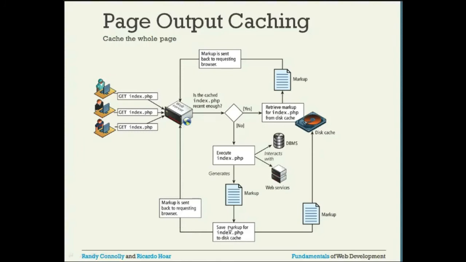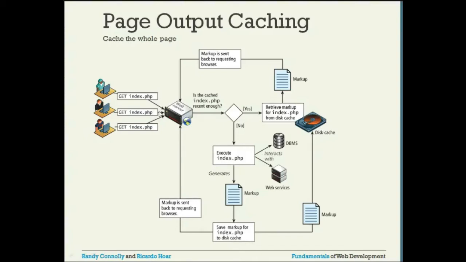Whoever is requesting, once the markup is created, one copy will be saved on the disk and one copy will be sent to the requesting user. Now, let us say this is the first user. Subsequently, this user requests the same index.php. Now a recent copy is stored in the disk cache. The disk cache has one copy of the markup of the index.php.